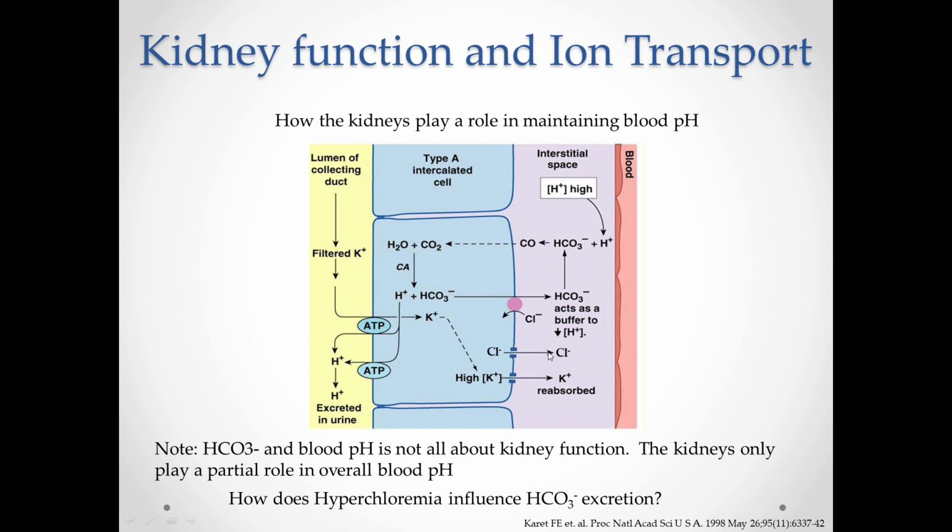And this would create what's called a hyperchloremic metabolic acidosis. In this case, in a hyperchloremic metabolic acidosis, bicarb would be excreted.